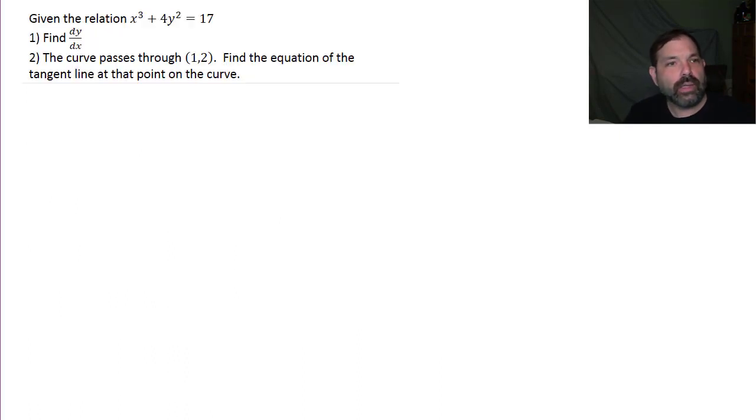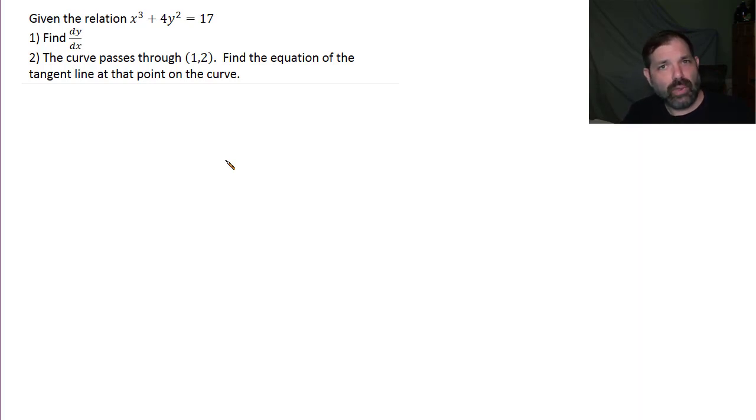So here we're given the relation x cubed plus 4y squared is 17, and we're asked to find dy dx and to find the equation of a tangent line at the point on the curve, the point (1, 2).